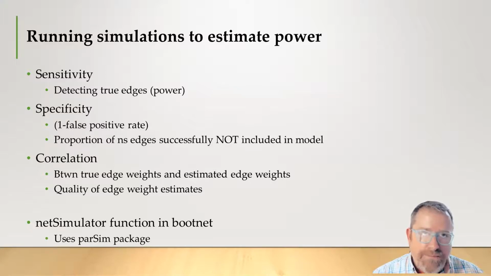I think for this it's doing bootstrapped analyses, and it's looking at how much the estimated edge weights in all of those samples match the true edge weights. So that all happens with the net simulator function.